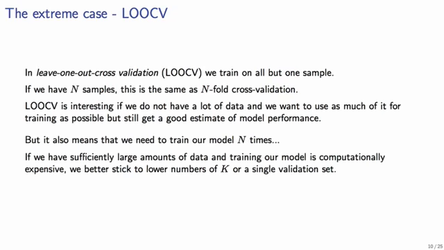Unfortunately, this also means that we have to train our model n times, and this is not computationally feasible in all cases. So if our lack of data is not too extreme, and training our model is computationally very expensive, then it's better to just use one validation set or a lower number for k.